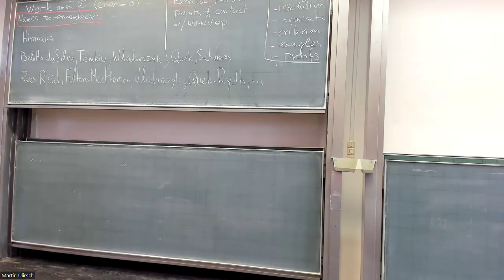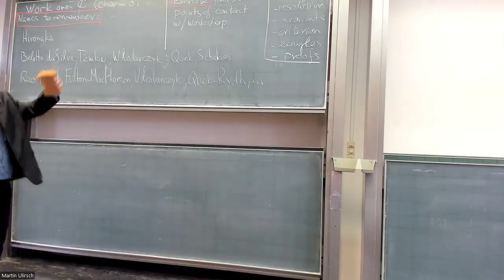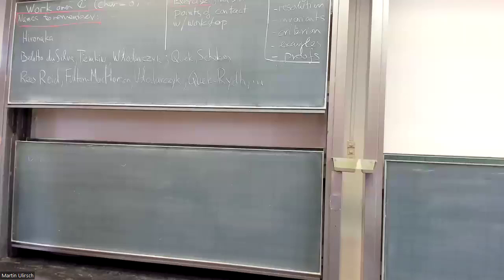And I would like to start by telling you about blowing up, which is the right way to learn about blowing up. That is not in Hartshorne, and it's due to first written down by Rees, and then rediscovered many times in the history by Miles Reid, by Fulton and MacPherson.